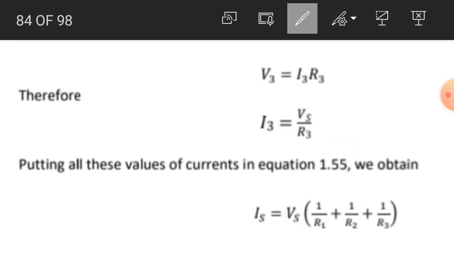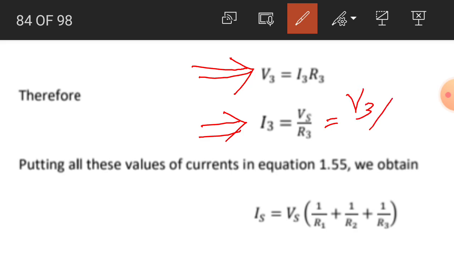The voltage drop across the resistor R3 is I3 R3. So I3 will be equal to Vs by R3 or V3 by R3. We know that V3 is equal to Vs. We put the values of I1, I2 and I3 in this particular equation.